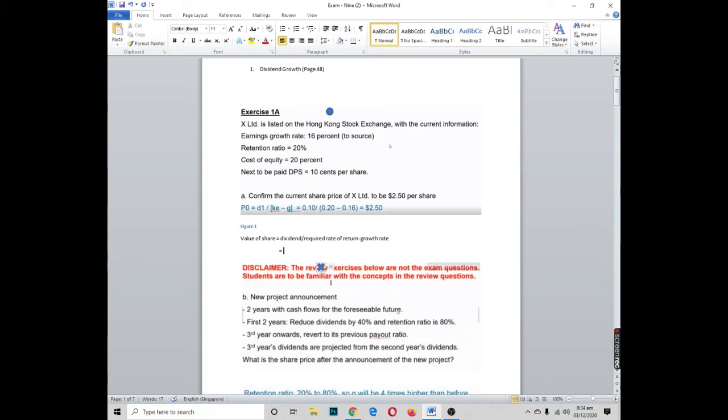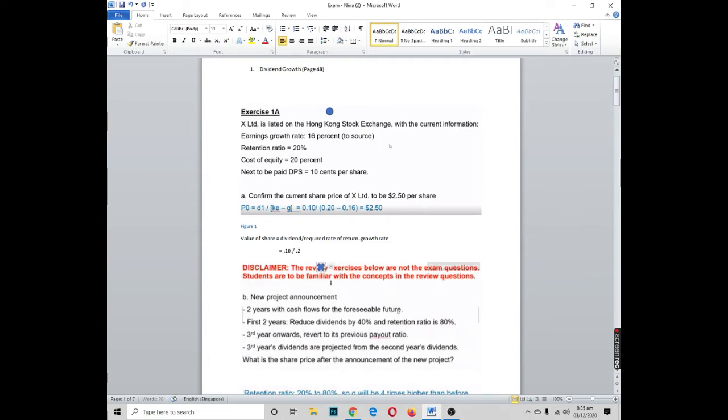So here is the critical point, that he said dividend to be paid. So 0.10 is the dividend divided by cost of equity 20%, which we can also denote as the required rate of return KE.